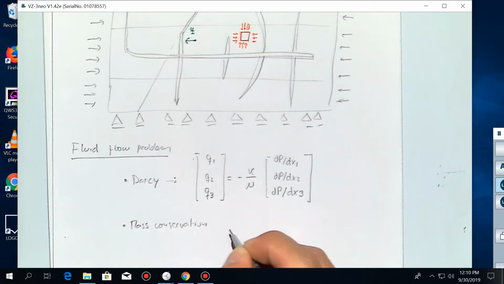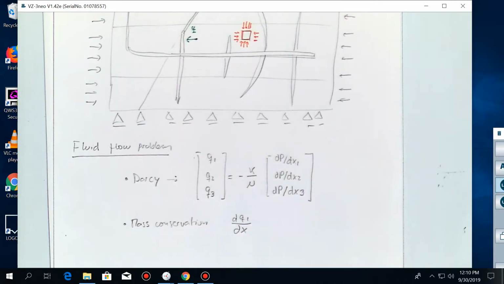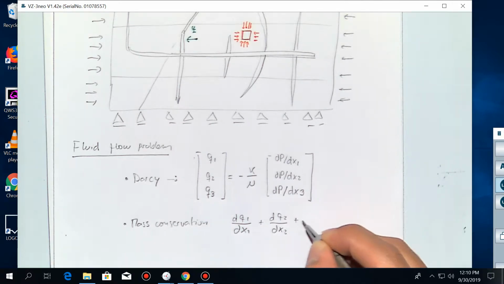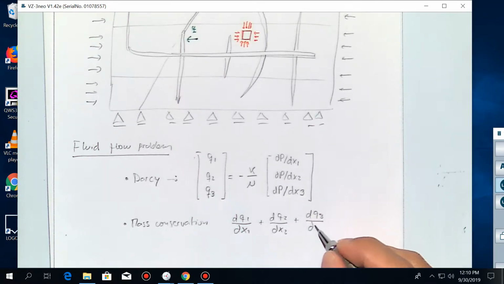Okay, that's Darcy. And what about mass conservation? Anyone remembers that equation? Mass in minus mass out equals. Okay, yes. And you write it like this: the variation of fluid in direction 1 plus the variation of fluid in direction 2 plus the variation of fluid in direction 3 is equal to 0.